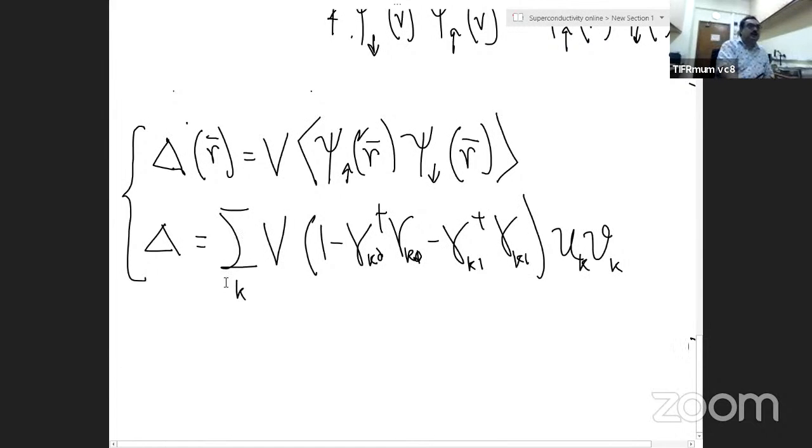What you will get is exactly this expression, with the slight difference that in BCS theory this was not position dependent, but now it becomes position dependent because uk and vk are both functions of R.